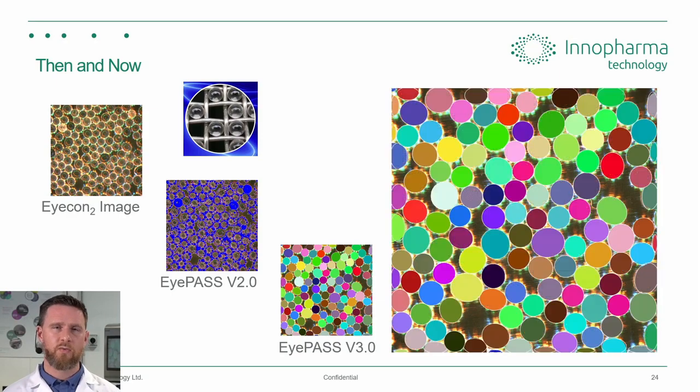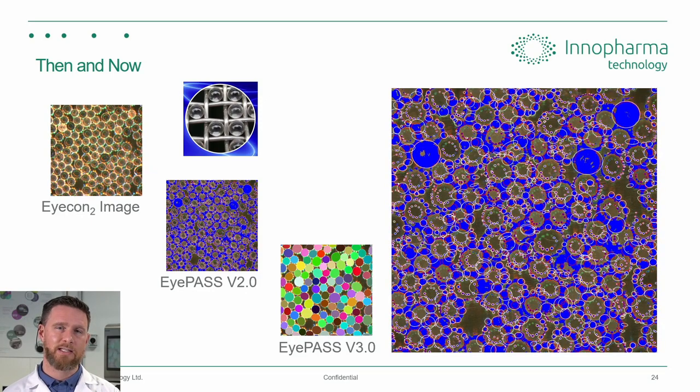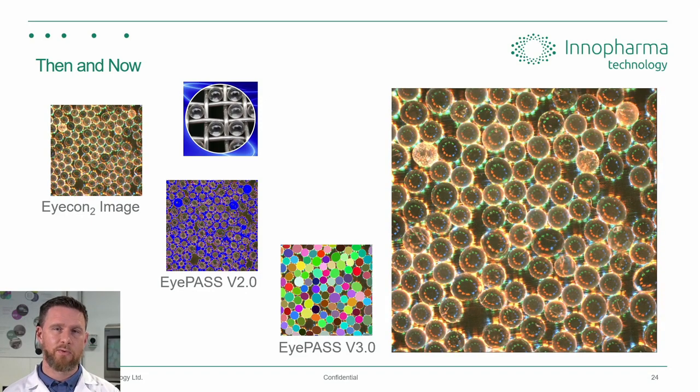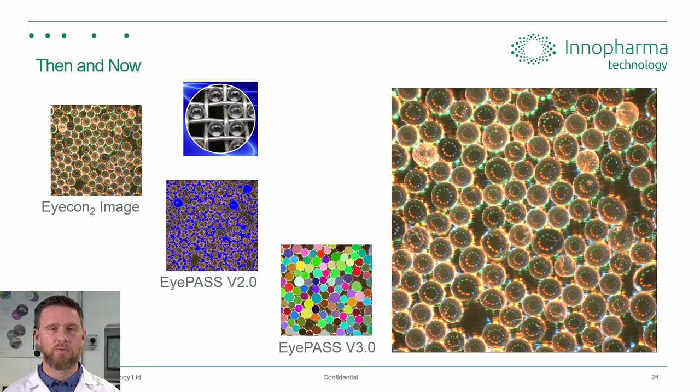With version 2 of the software, because of the high reflection, the image segmentation would have been inadequate. We would have got a lot of false positives. But with machine learning added, telling it to ignore all those reflections and only focus on the edges of the particles that we're interested in, you can see a much more improved accuracy or segmentation of these images. So that's really what we're showing here today.